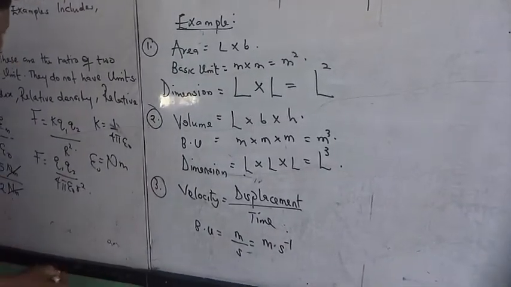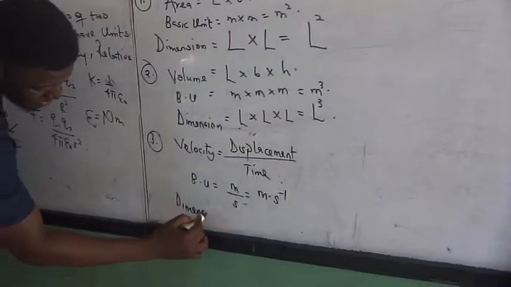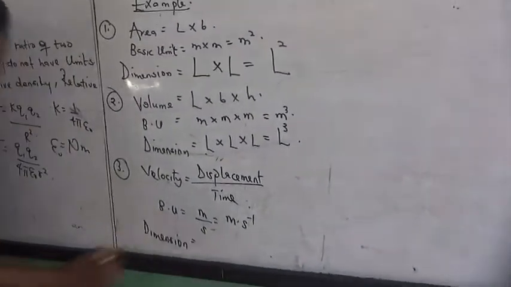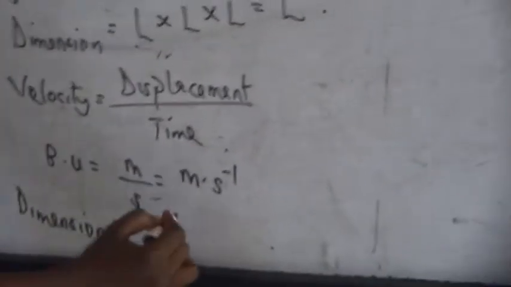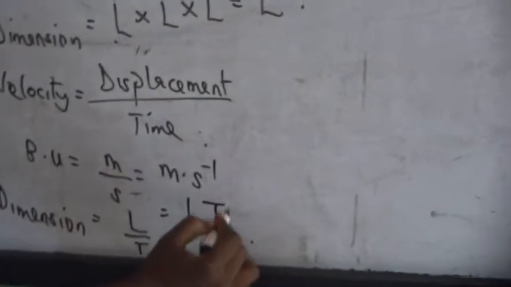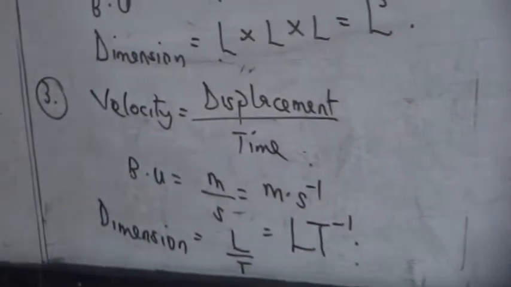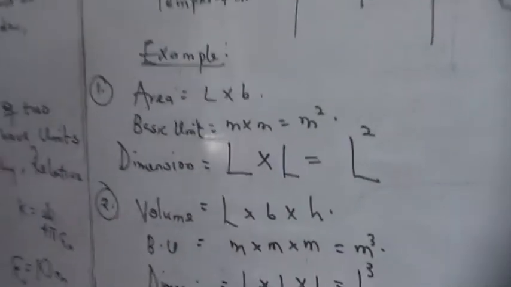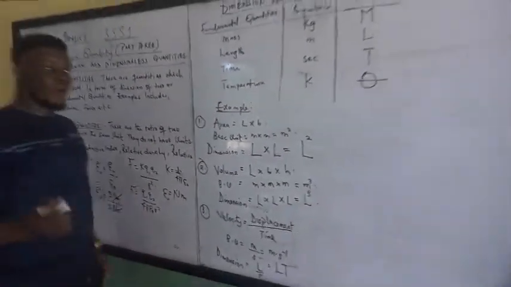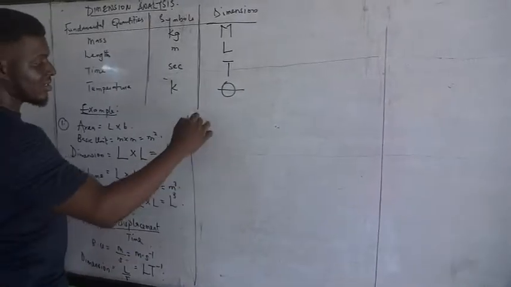Now, let us change it to dimension. You have L over capital letter T, which is LT minus 1. So you can have this for as many quantities as you can think about. I want you to take this as an assignment.